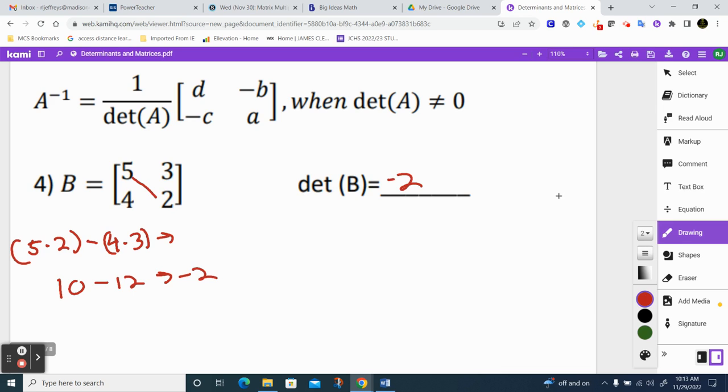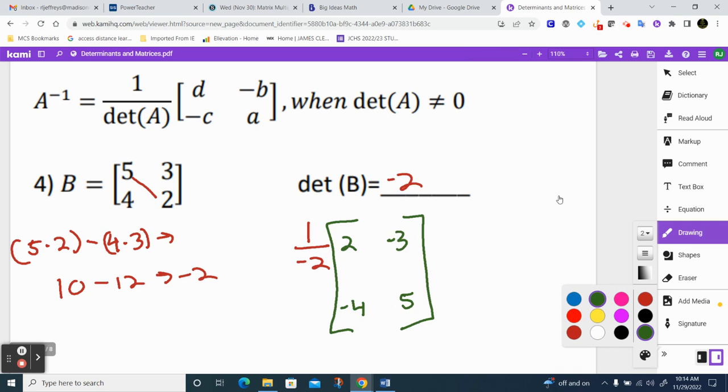So to remember, yes, we have to do this. So this is going to be 1 over negative 2 or negative 1/2. So yeah, we're going to get some fractions. So 2 goes here, 5 goes here, negative 4, negative 3.